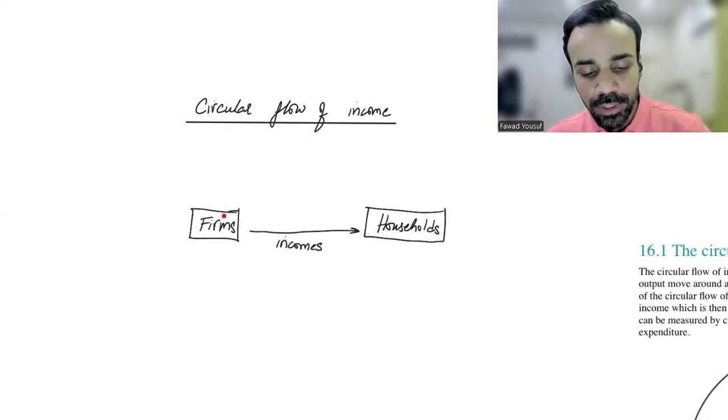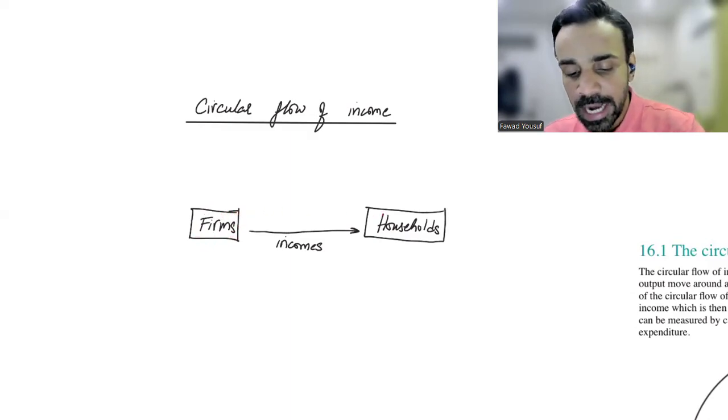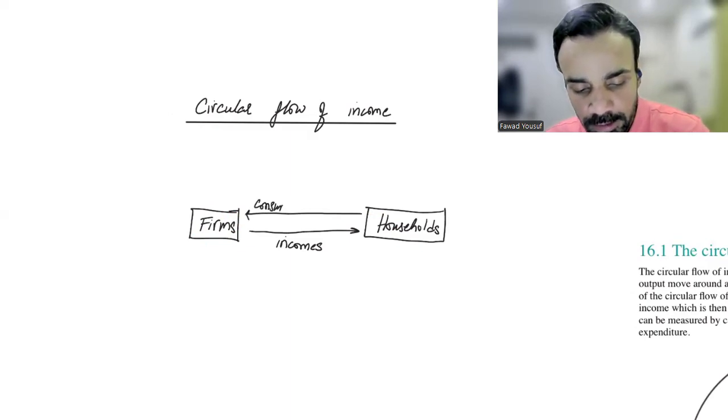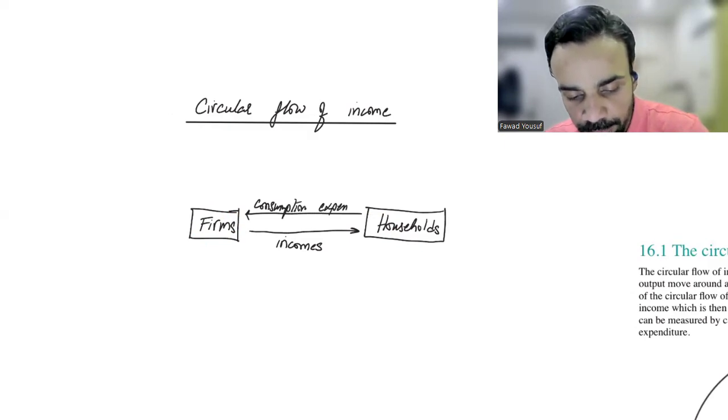The firms produce goods and services with the factors of production and they sell it to them, and households make the consumption payments. इसको हम कहते हैं consumption expenditure.